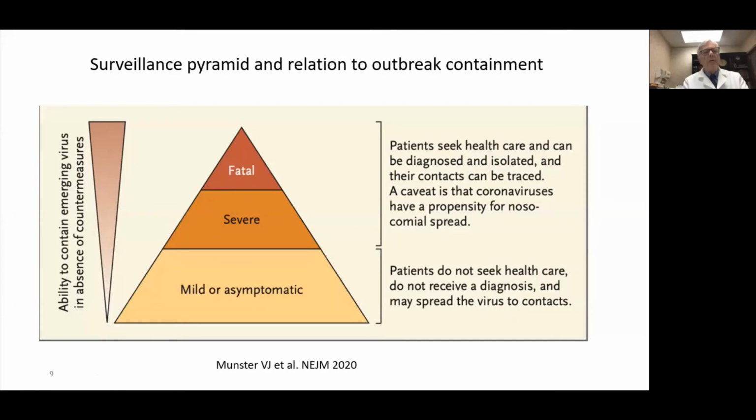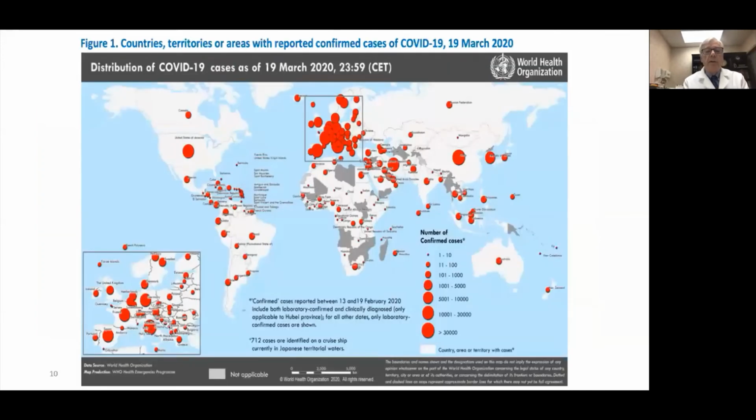So this allowed for the termination of that epidemic, because if you quarantined everybody who was sick, then you essentially terminated transmission. On the other hand, if a large segment of the infected population has only mild or asymptomatic infection, these patients may not be identified because it's so mild. Therefore, it's difficult to quarantine them, and that allows for increased transmission within the community. Next slide, and that's what we're concerned about at this present time.